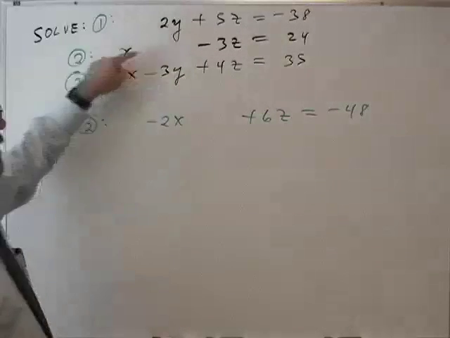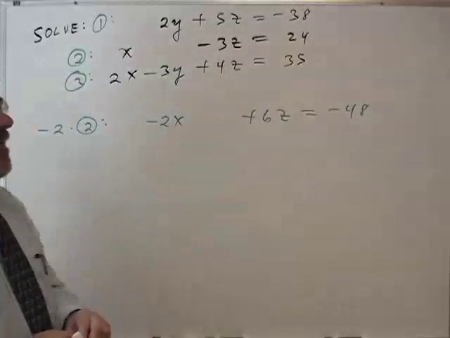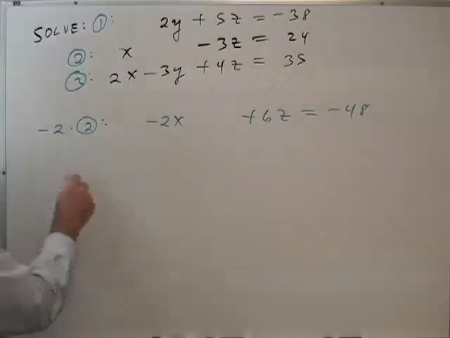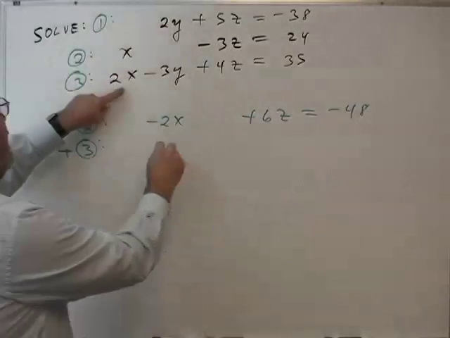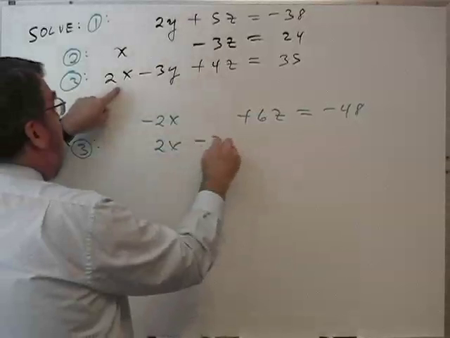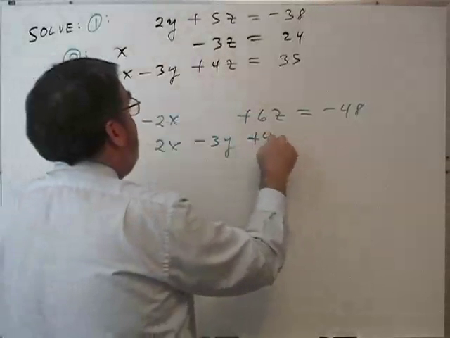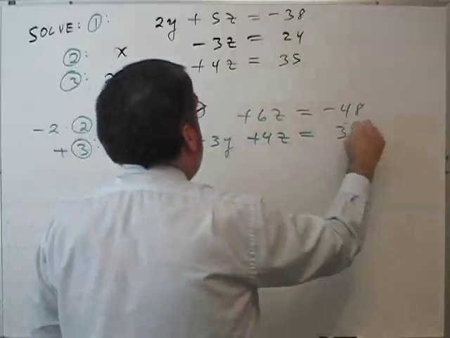Again, don't forget you've got to multiply the numbers on the right side as well. And then we're just going to add the third equation without altering it. So this gives me 2x minus 3y plus 4z equals 35.